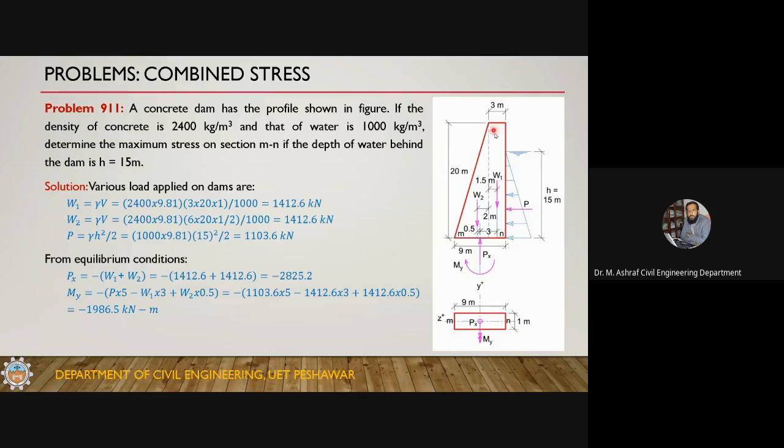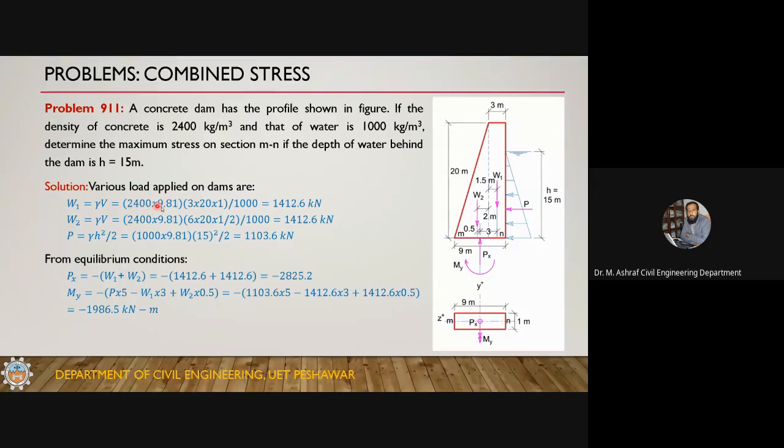Now let's talk about this one. We divide this weight into two: one is a rectangle, the other one is a triangle. The weight of the rectangular portion is W1 and the weight of the triangular portion is W2. So W1 is gamma into V. It's very easy. You just multiply the unit weight with the volume of the material.